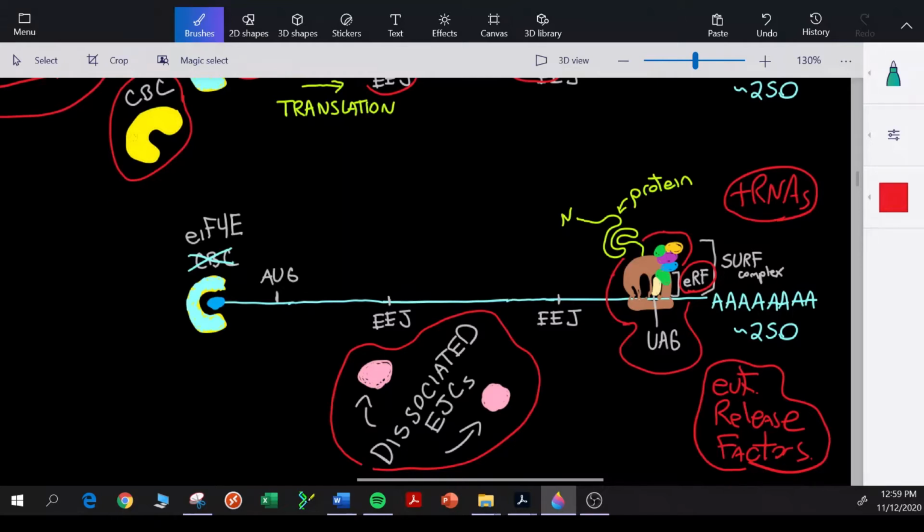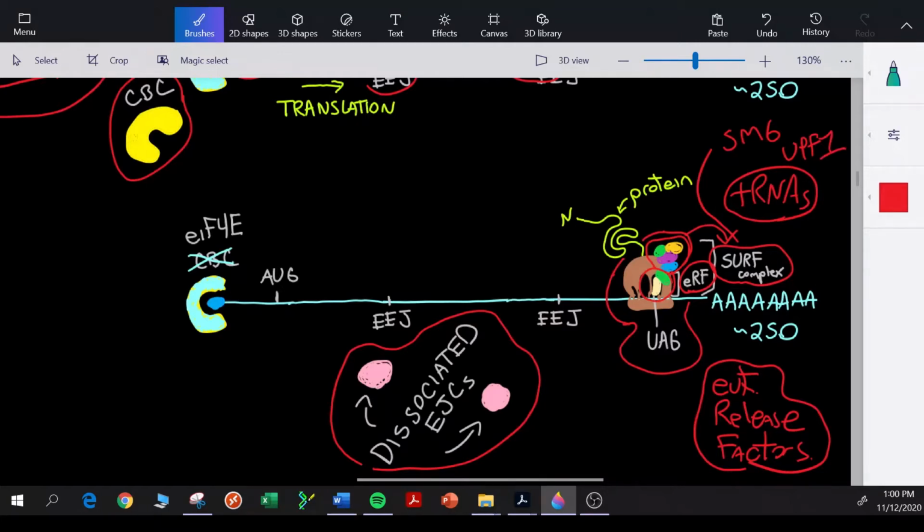But there are a number of other proteins that associate with the eRFs. I have 2 eRFs diagrammed here. And these 4 proteins that we have here, we talked about in a previous video, are combined with the eRFs to make the SURF complex. The name SURF is derived from the SMG proteins and a protein called UPF1.